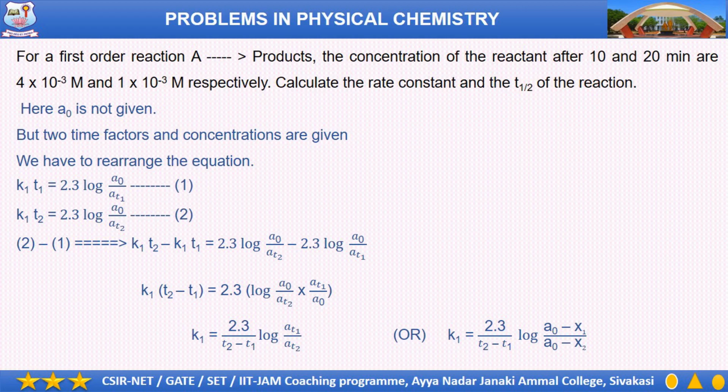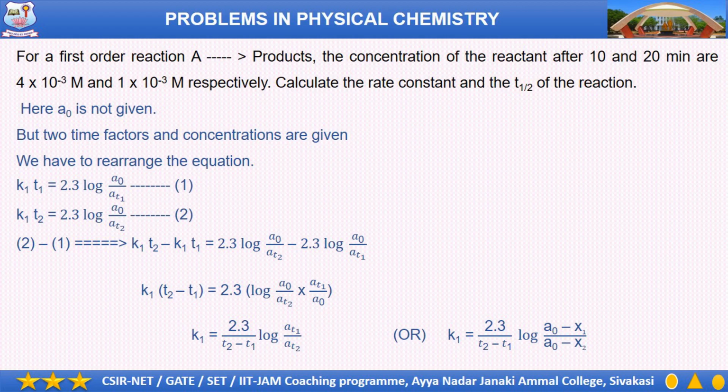Here, the initial amount is not given. So far, we have calculated what fraction is reacted. The initial concentration is unity, and so much percentage is left. We have taken the initial concentration as 100%.